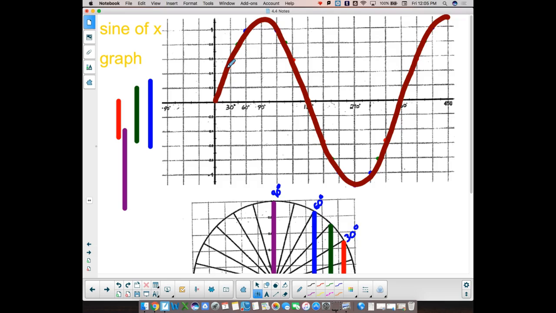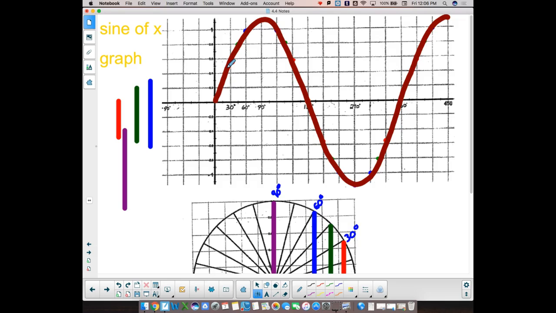What kind of a graph, I should say, is a sine function? Is that pattern going to continue?